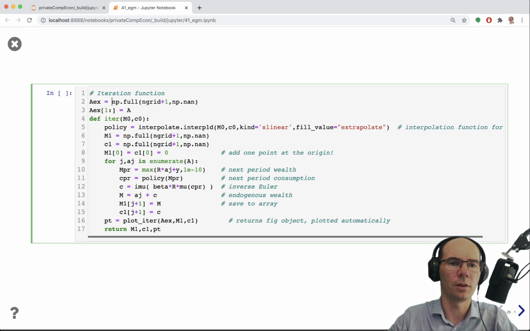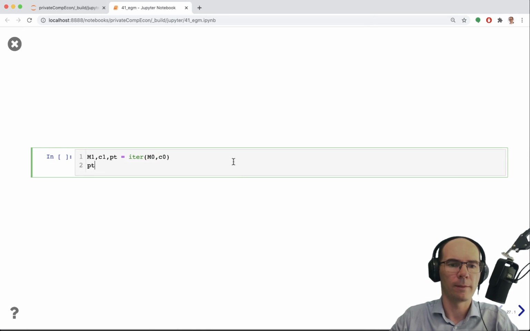So it's just a grid of n+1 NaNs, and then we replace everything starting from the second point with the original grid A. And this is for the plots, right? So that we can plot these extended vectors M1 and C1. Okay, and let's run this.